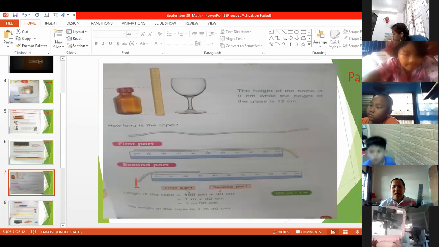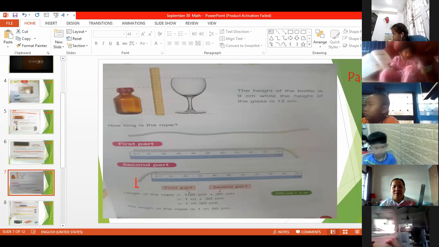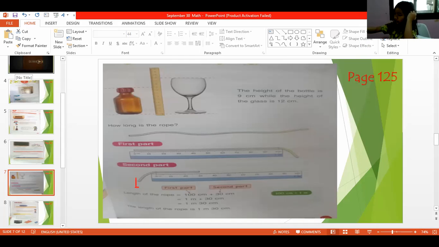How long is your glass? 15. Okay, it is 15. So very good. So that is the height of the glass.